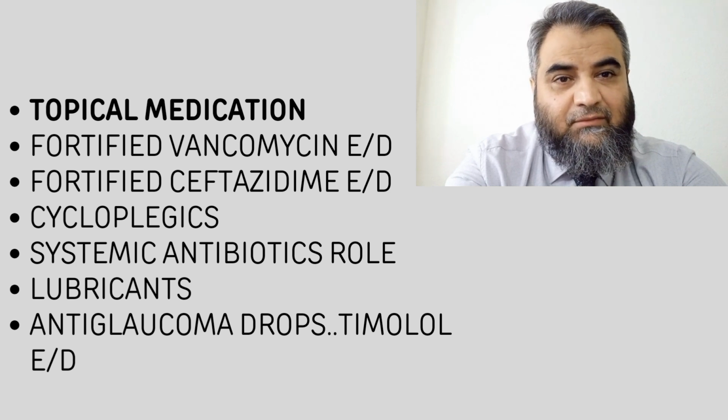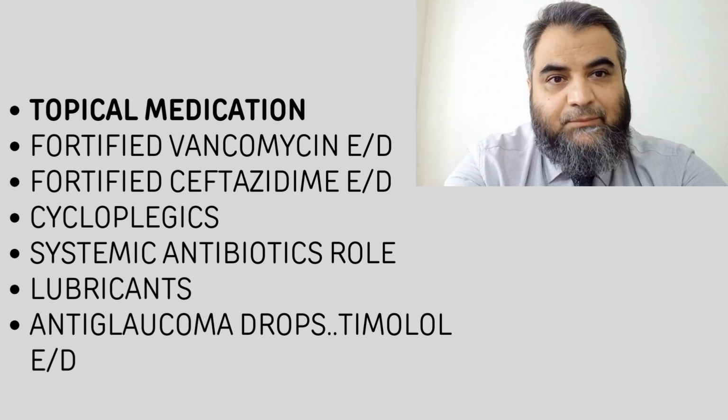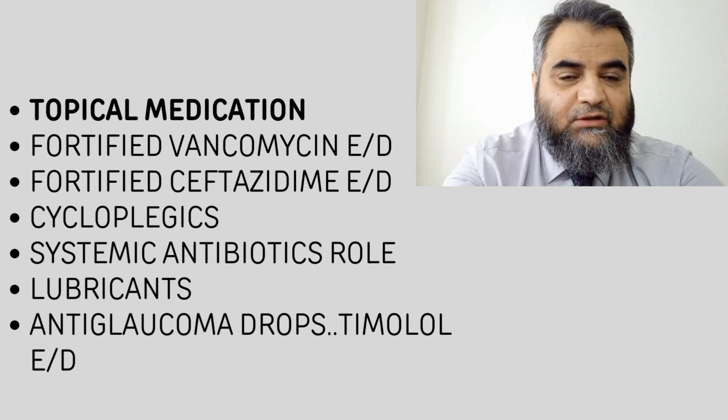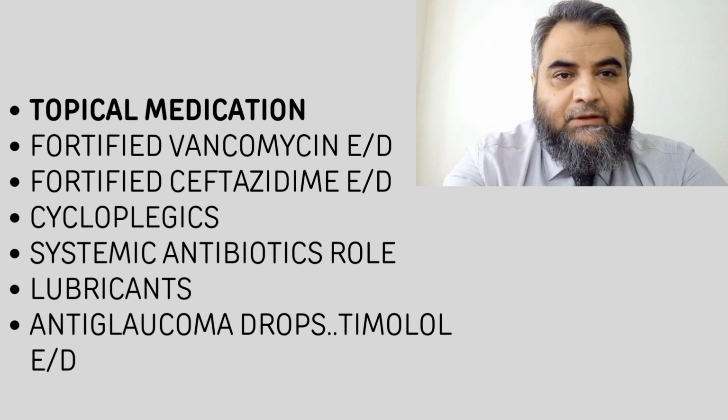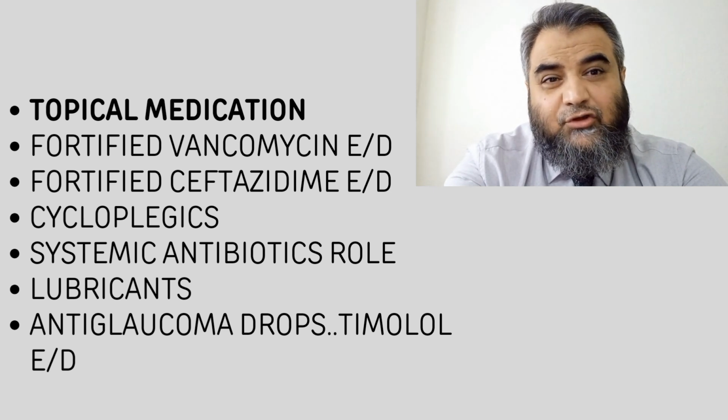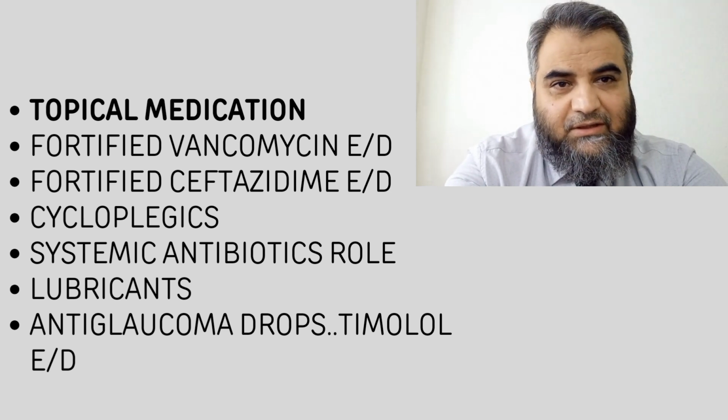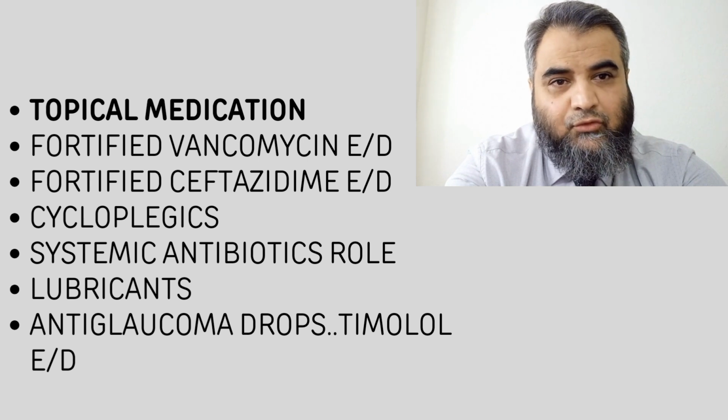If we find out by tonopen, or digitally we see the eye is inflamed, we should use it, and the beta blocker is a good choice, because once the pressure is decreased and those channels, the trabecular meshwork, are opened up, the drainage will be easy and pressure will be less.